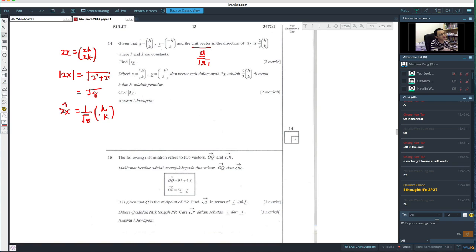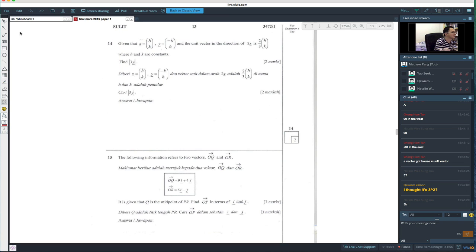They say it equals 2 over 3. That means, just now, am I correct? It's like this. Okay, let me redo the whole question. I'm sorry about this, because just now I was so confused.